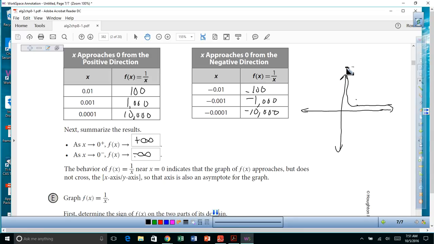And as x approaches 0 from the negative side, as it comes this way, what happens? It gets closer and closer to the y-axis, but it never actually touches it. The behavior of f of x equals 1 over x near x equals 0 indicates the graph of f of x approaches but does not cross the y-axis. So that axis is also an asymptote for the graph.